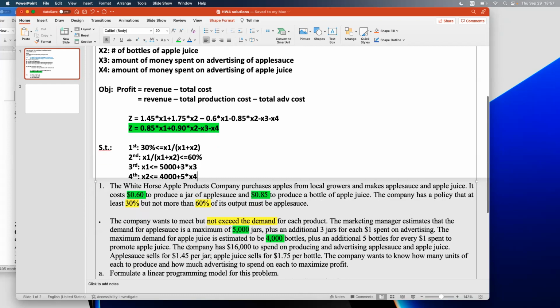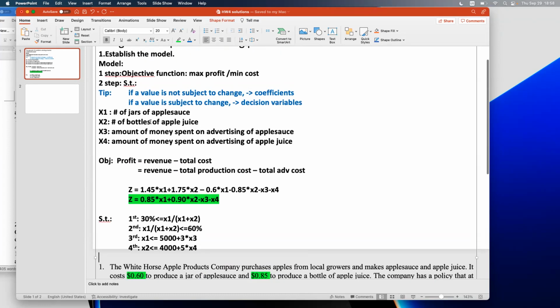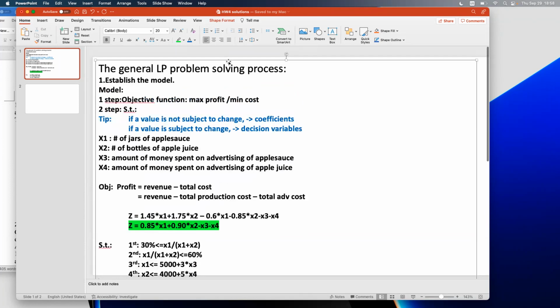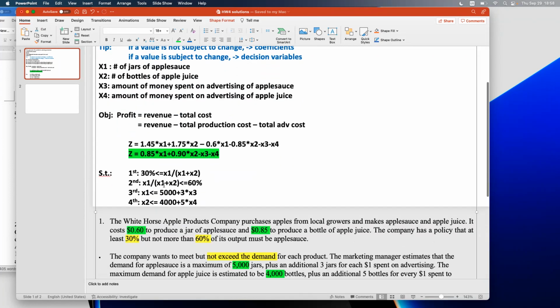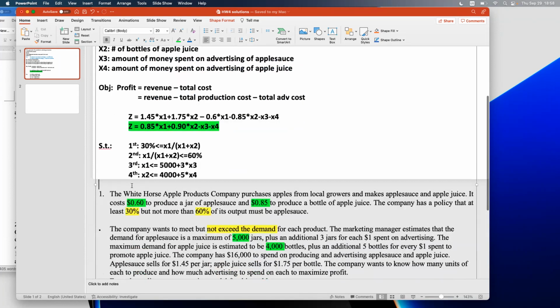And keep reading. The company has $16,000 to spend producing and advertising applesauce and apple juice. So you have a limited budget.